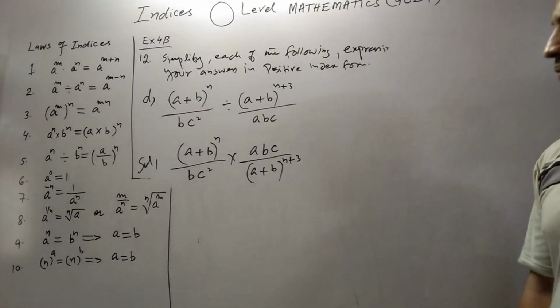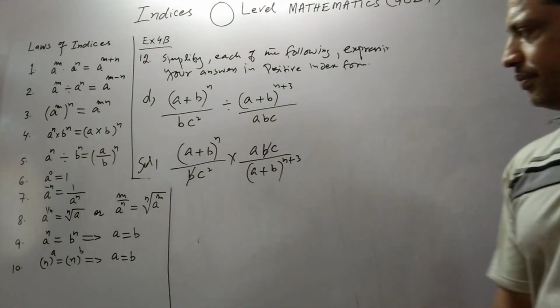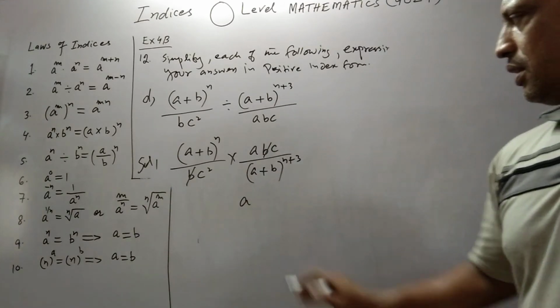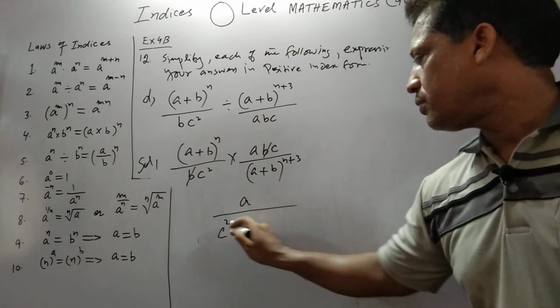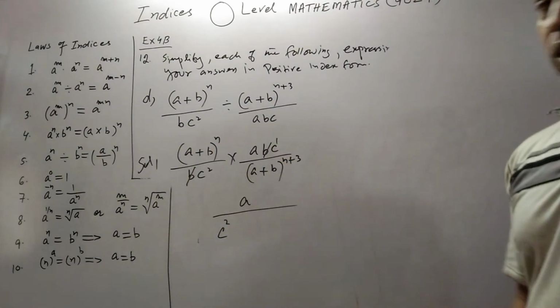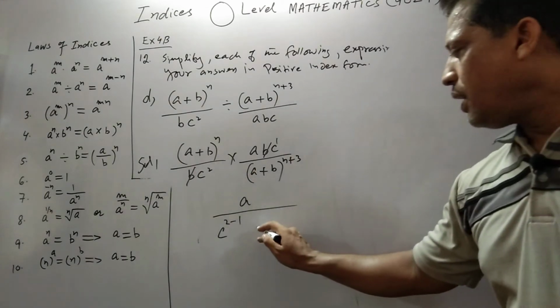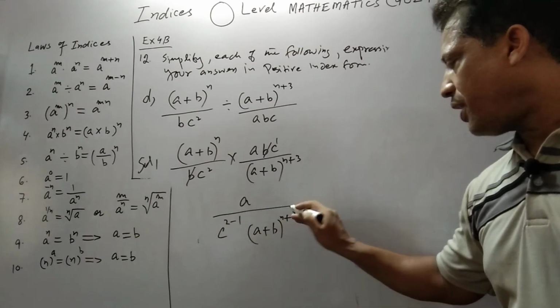See carefully. I can cancel this b by this b directly, and this is a upon this is c square, and move this small number to the denominator side, it becomes minus 1. a plus b power n plus 3.